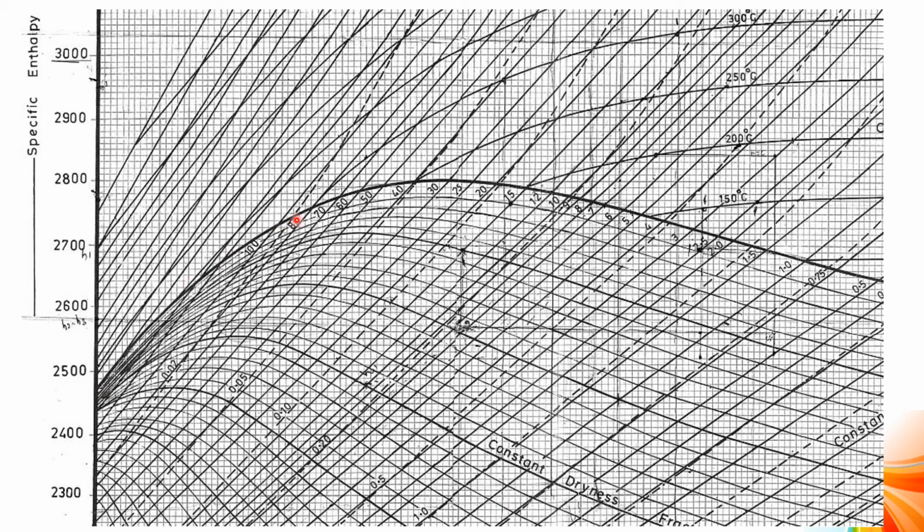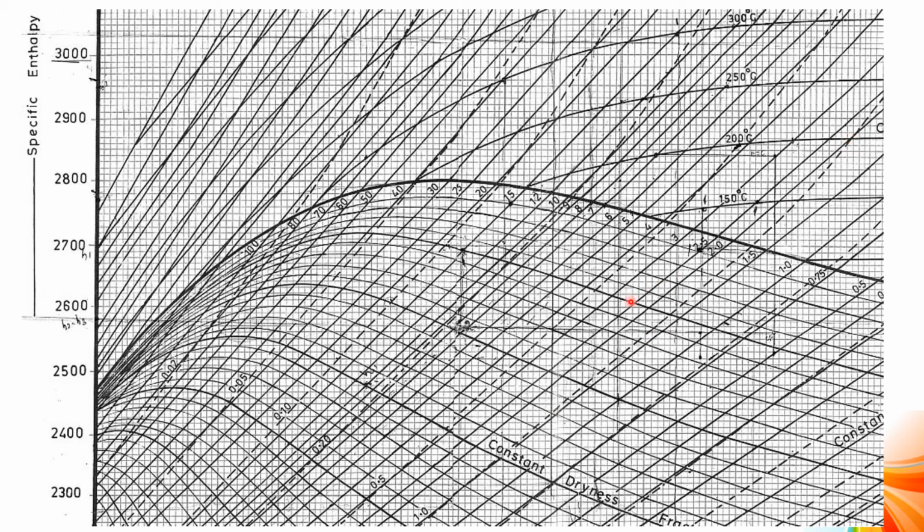This dark curve in the Mollier diagram represents the saturation line, and the region above this line is known as the superheated region and the region below this curve is known as the wet region.